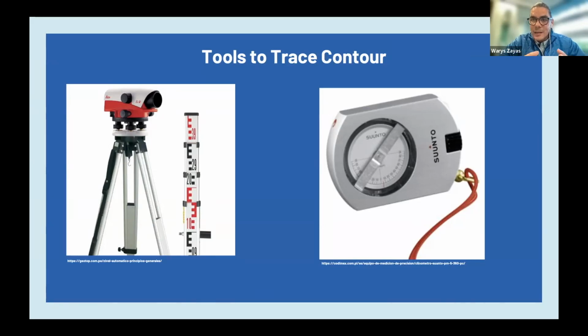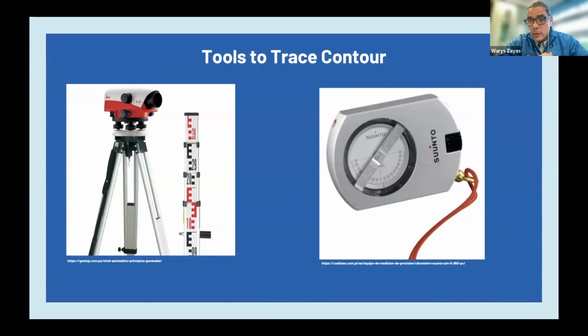Both are tools often used to identify, mark, or trace contour lines in the plots. But those tools are not accessible to everyone, right? Because of the cost, or because sometimes there is no supplier near your region, or whatever the case is. They are really useful, but not accessible to everyone.